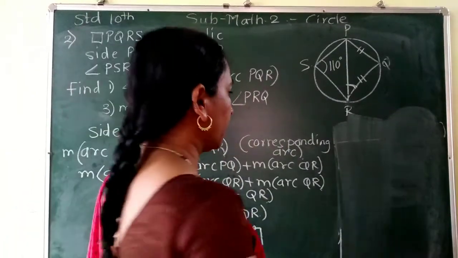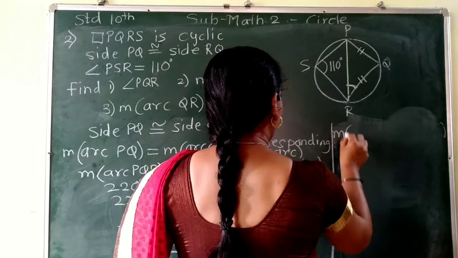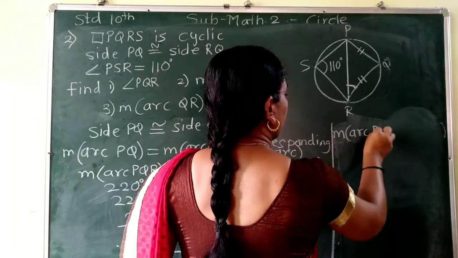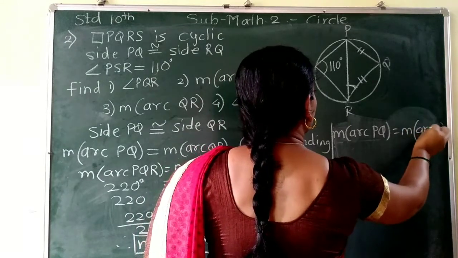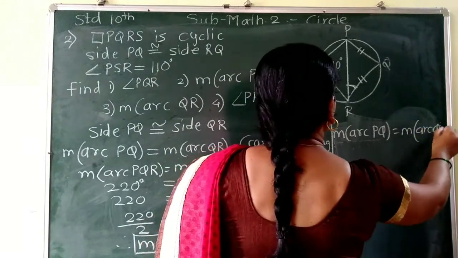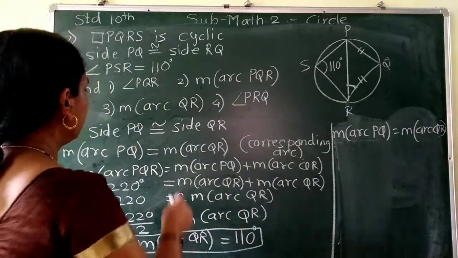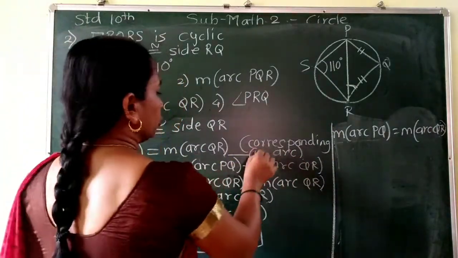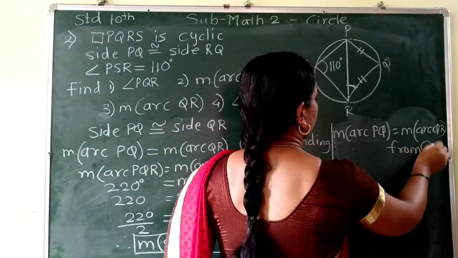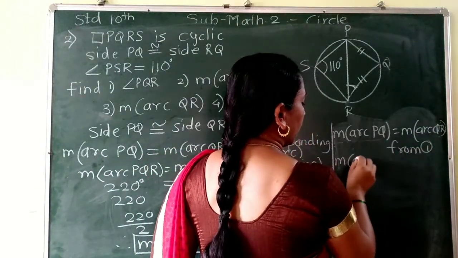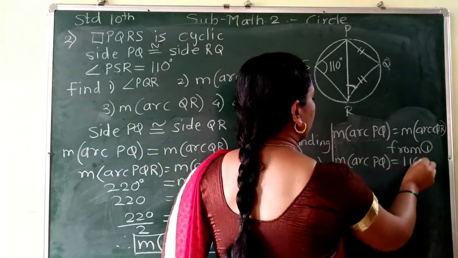So here we get the measurement of arc PQ is equal to the measurement of arc QR. This is given, or you can say from 1. Therefore, the measurement of arc PQ is also 110.